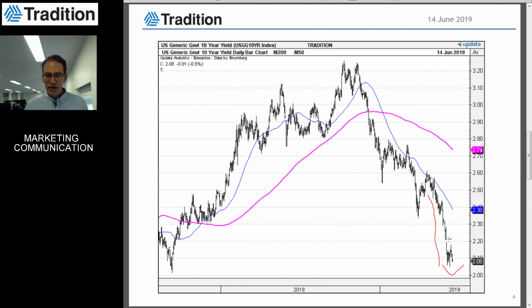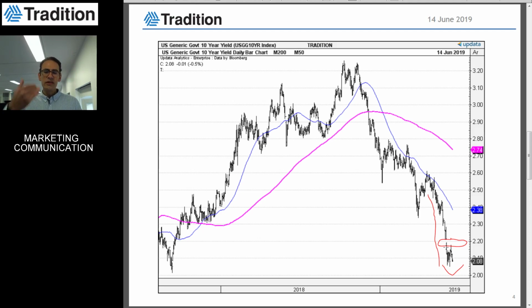As you can see here, yields even failed to reach 2.20, which was the gap opened a few weeks ago. So it was the first resistance, and the failure to hit this first resistance is a sign of weakness.